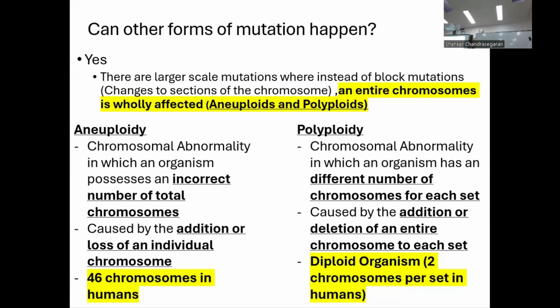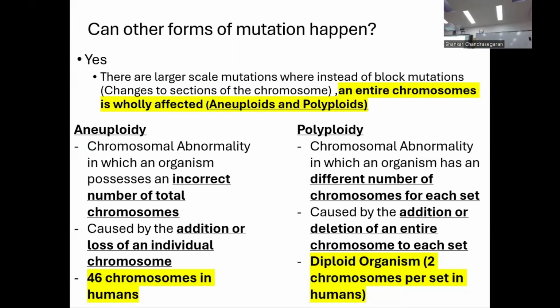This is caused by the addition or loss of an individual chromosome, where a human being is supposed to have 46 chromosomes, including the two sex chromosomes and the 22 pairs of autosomal chromosomes. If the total number of chromosomes is lesser or greater, like 45 or 47, that is called aneuploidy.